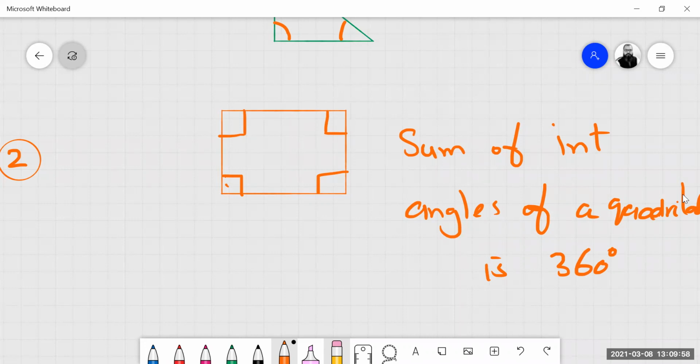Again, it is always 360 degrees. For a triangle, 180. For a quadrilateral, 360. Can you remember this? Sum means total. The total of the interior angles is always 360 in a quadrilateral.